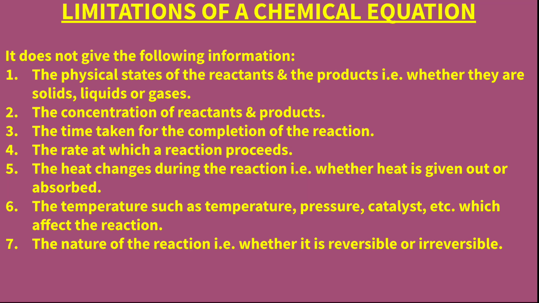Even the temperature, pressure, catalyst, etc., which affect the reaction, we are not able to get from this chemical equation. Even the nature of the reaction, whether it is a reversible or an irreversible reaction, we are not able to identify from these chemical equations.